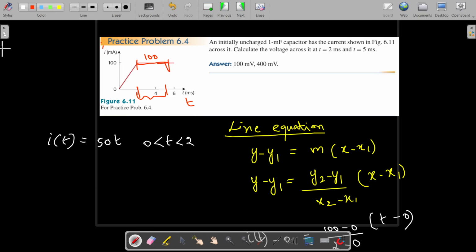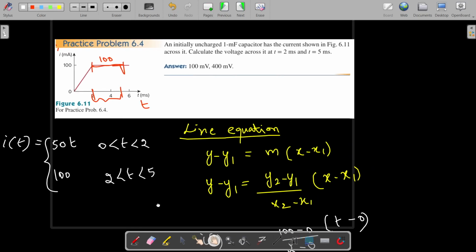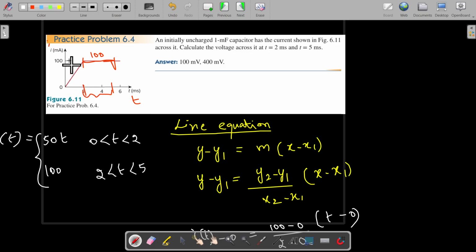So directly, if you want, you can write it as 100 where t lies between 2 and 5 milliseconds. Or otherwise, using this line equation also you can find out the second portion's mathematical expression.